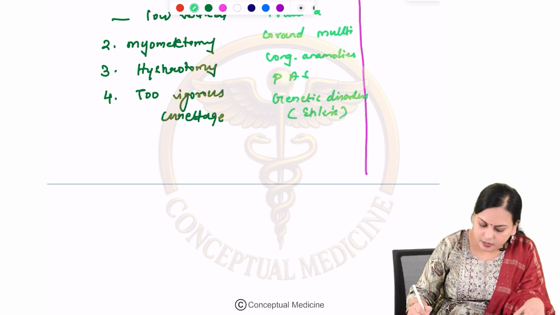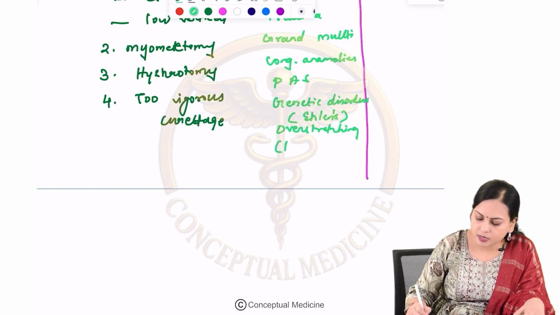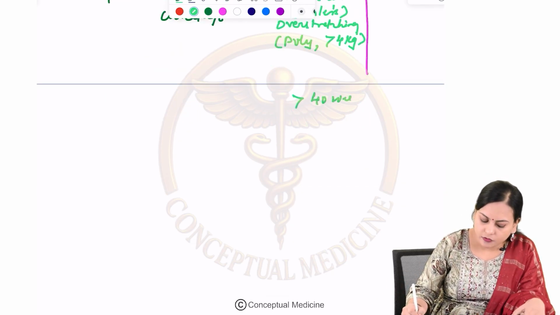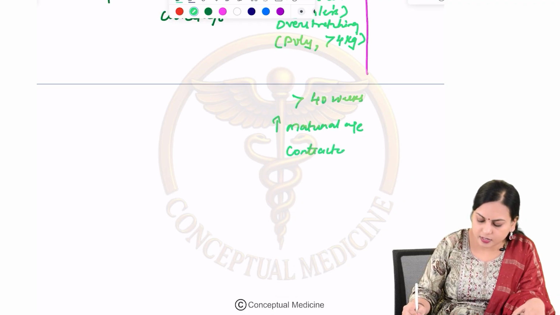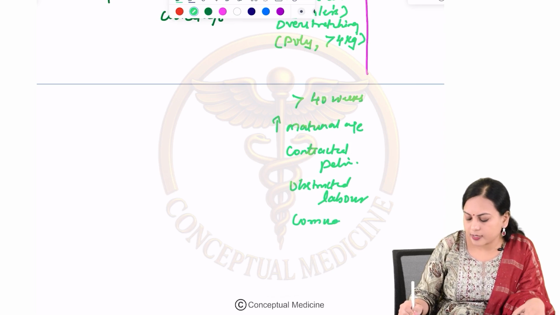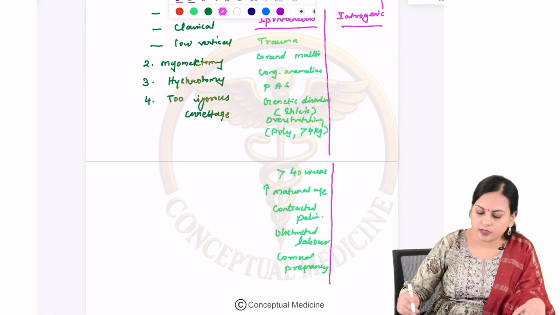Then if there was overstretching of the uterus, like overstretching can happen in polyhydramnios or when the weight of the baby is 4 kilograms, and it can also be associated when the gestational age is more than 40 weeks or there is an increased maternal age, contracted pelvis which can result in obstructed labor, and cornual pregnancy. So, these are the causes of spontaneous rupture of unscarred uterus.